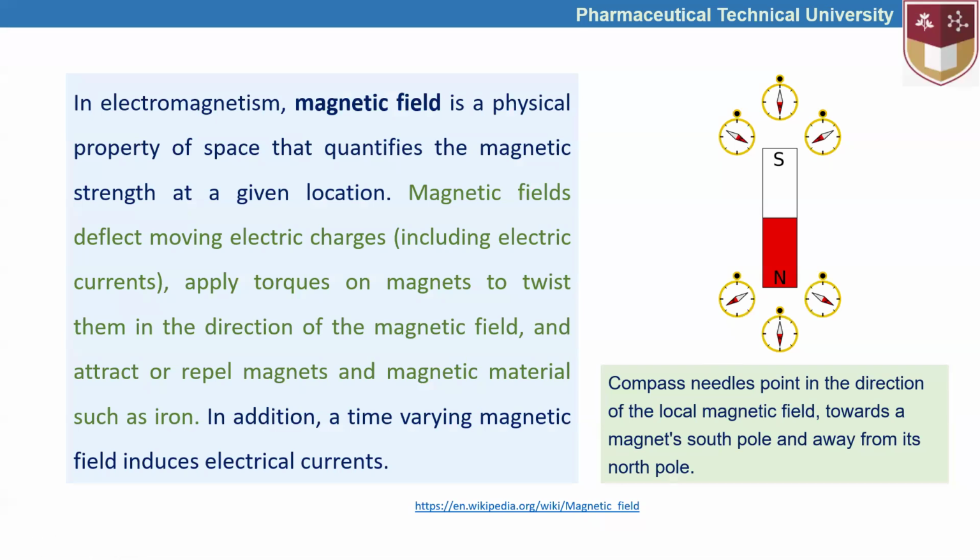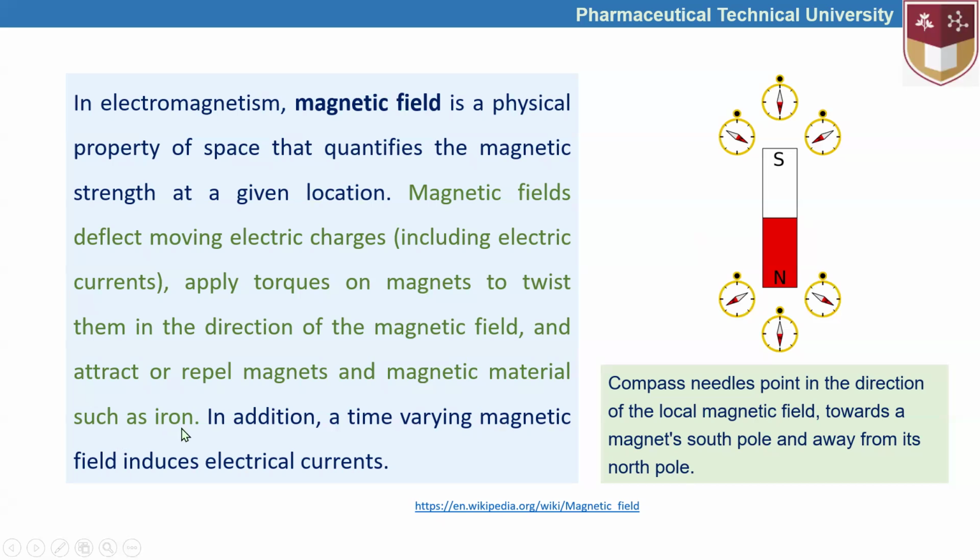In electromagnetism, the magnetic field is a physical property of space that quantifies the magnetic strength at a given location. The magnetic strength is one of the indicators we can rely on to determine the NMR spectrum. The magnetic field deflects moving electric charges, including electric currents, applies torques on magnets to twist them in the direction of the magnetic field, and attracts or repels magnets and magnetic materials such as iron.